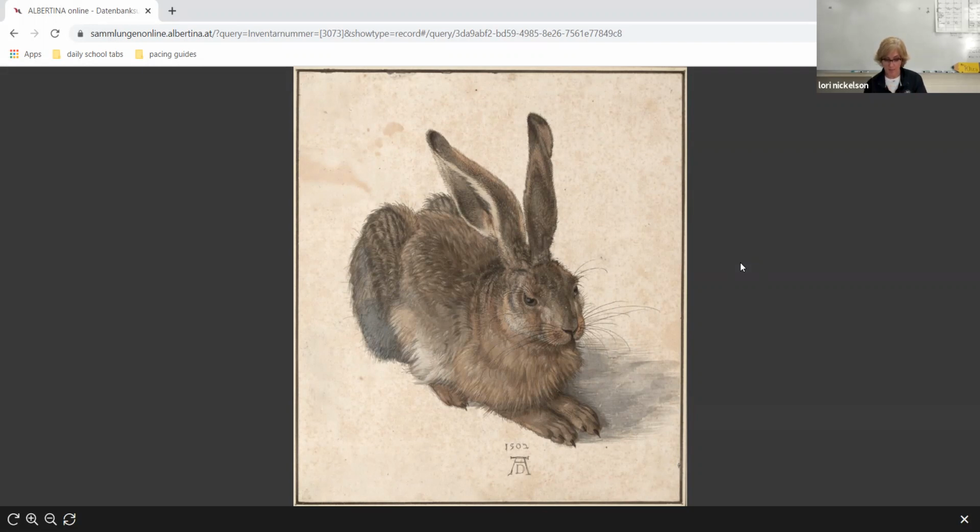Notice at the bottom, it has a date under the bunny's feet, and then it has an A and a D that stand for the artist's name. And then the title of this painting is Young Hare. Young Hare. So let me stop sharing.